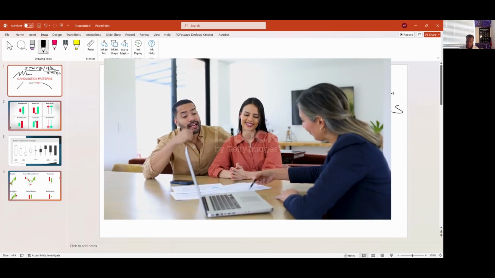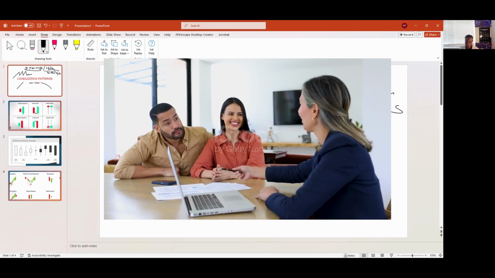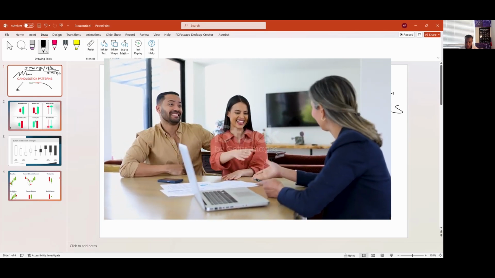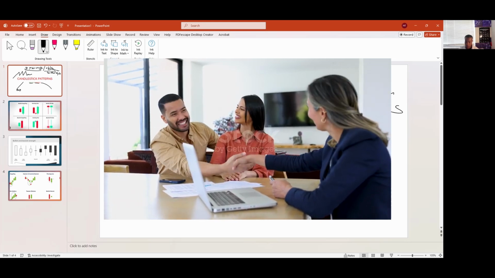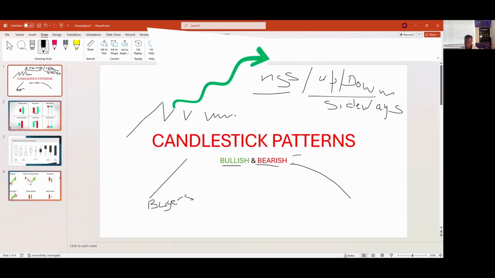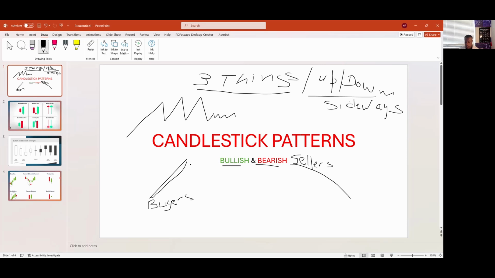Whenever the stock is going up, that means the buyers are in control. We have two types of traders in the stock market every day: the buyers and the sellers. The buyers push the price up. That's why we call it bullish.